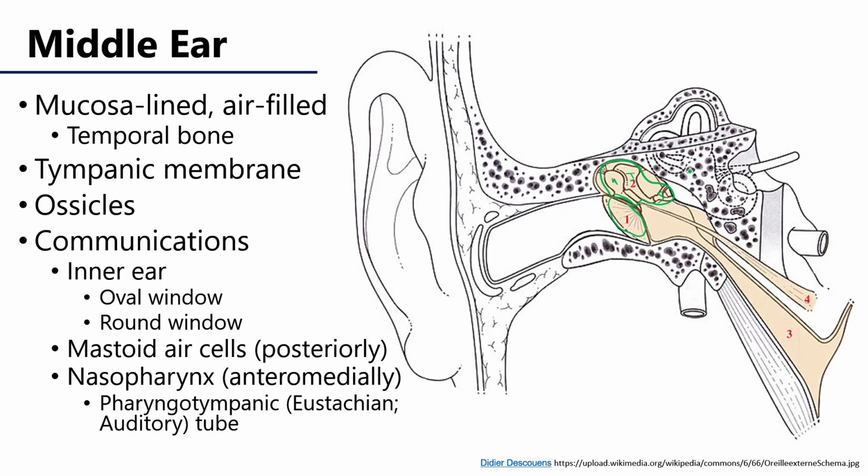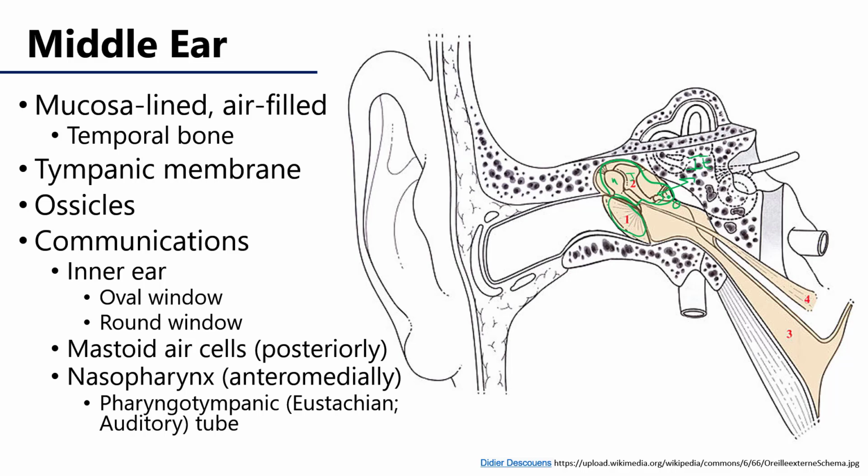So of utmost importance, it communicates via the oval window to the inner ear. And there's also a communication between the inner ear and the middle ear called the round window that allows for the expansion of fluid from the cochlea to move.